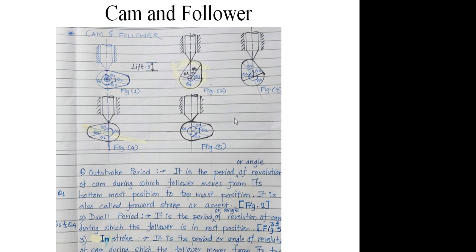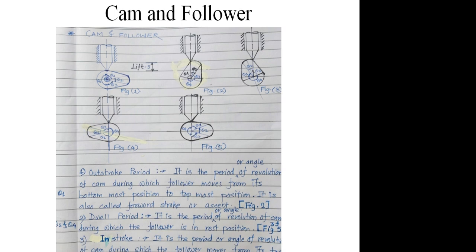And again in figure 5 it is shown that when the cam rotates through an angle theta 4, the follower will be in rest position, because for this much circumference of cam, the distance of each point from the axis is the same.